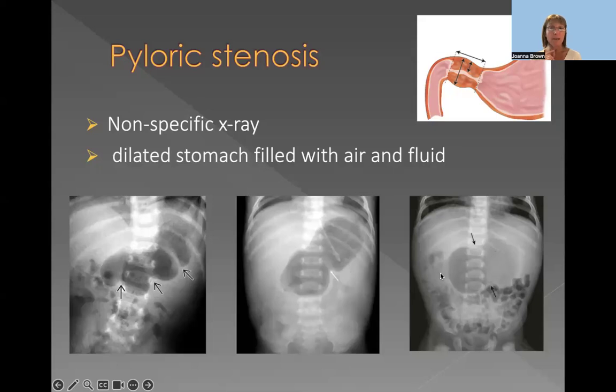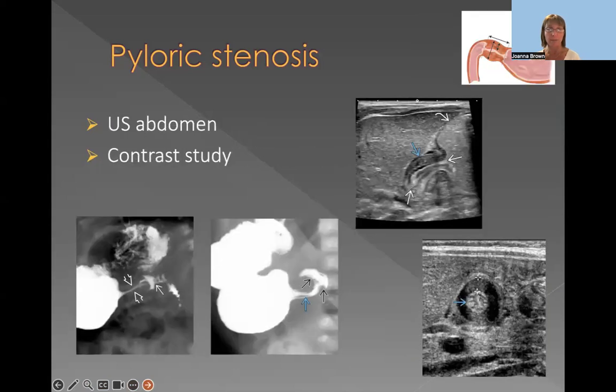Notice that pyloric stenosis is more common in children between 2 and 12 weeks of life, and it is a non-complete obstruction. So you will have a dilated stomach, but you will still have visible loops of small bowel, with air outlining the loops of the small bowel in these babies.